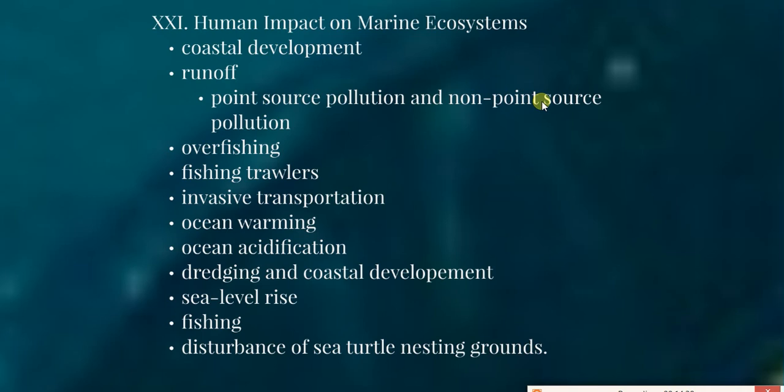We also have stuff we burn into the skies that can rain down and then run off the land that way. So non-point source pollution, are from multiple sources where there's a lot of different pollution sources, and we can't really pinpoint and say, hey, let's stop the source right here and we'll fix this problem.